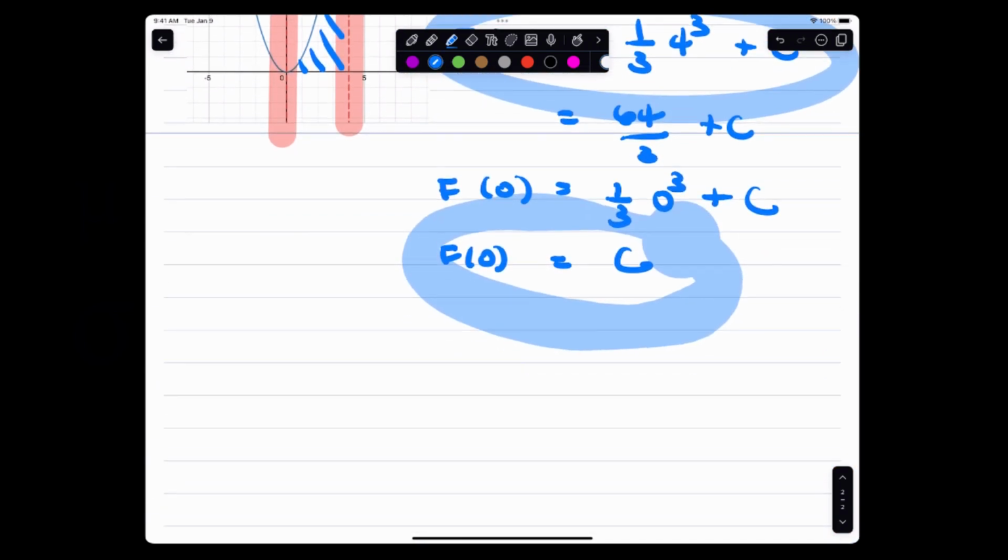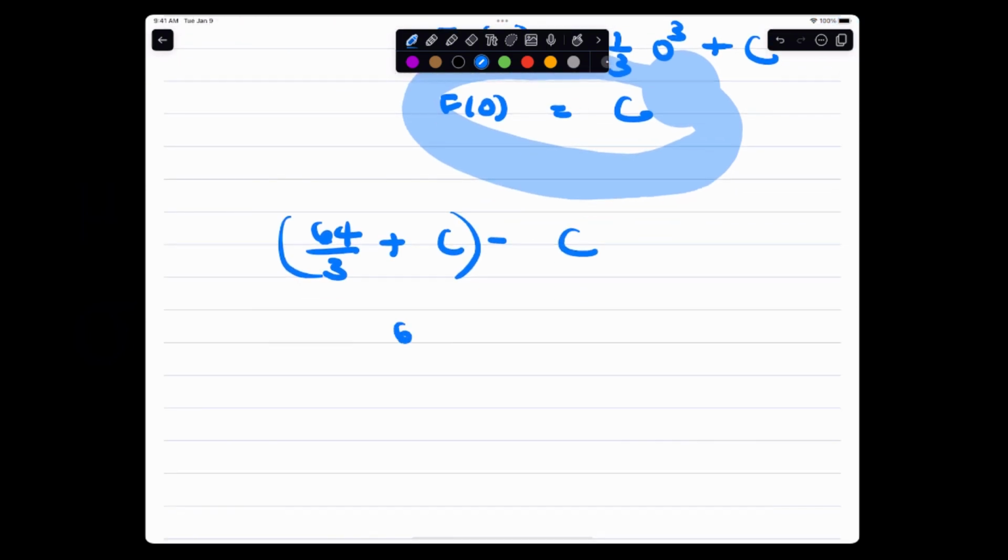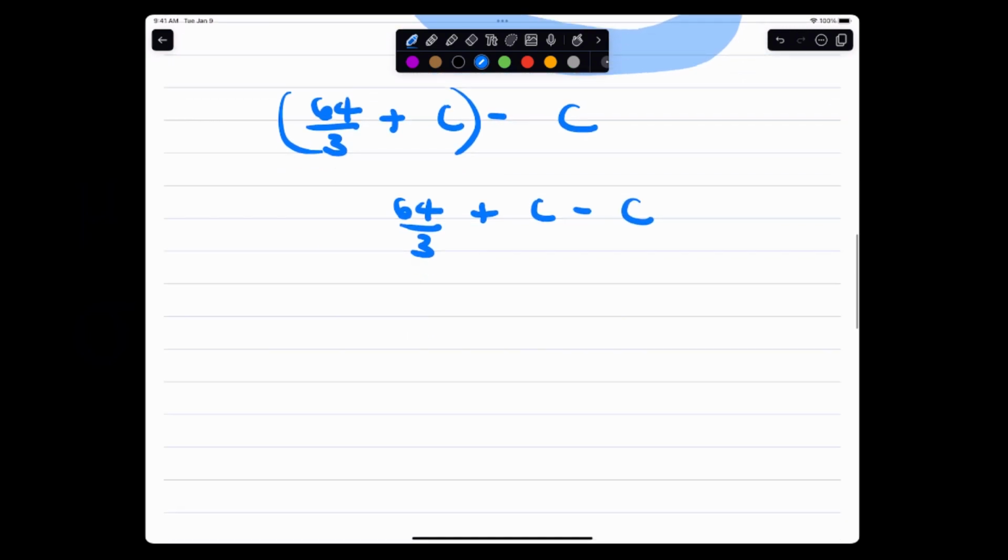What's that difference? It's going to be 64/3 plus c minus c. And what does that give you? 64 thirds plus c minus c. So, ladies and gentlemen, your final answer is simply just what?